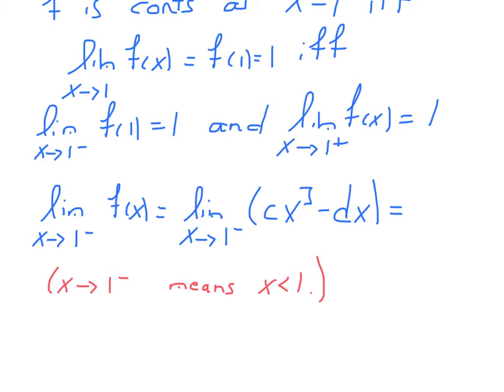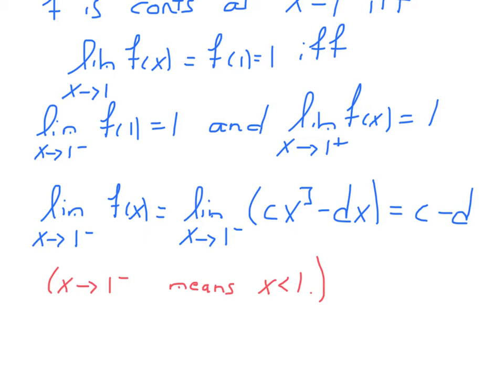Well, we can just replace the x in this formula by 1, and we'll get c times 1 cubed, which is c, and minus d times 1, which is d. All right, so what are we going to want? We're going to want this left-hand limit, which equals c minus d, to equal 1, if f is going to be continuous at 1. We also are going to need the right-hand limit to be 1, so let's check and see if we've got that.